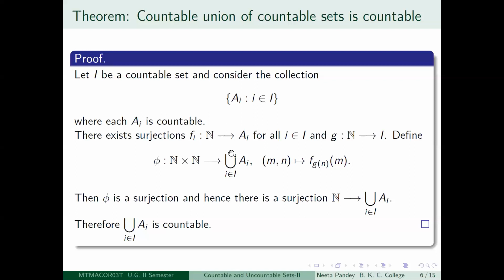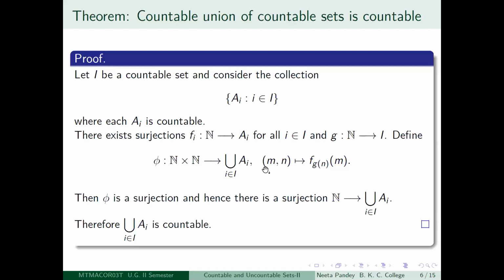So your little a is sitting inside Ai and fi is surjective, so you will be able to get an element little m in the set of positive integers, so that fi of m is equal to a.